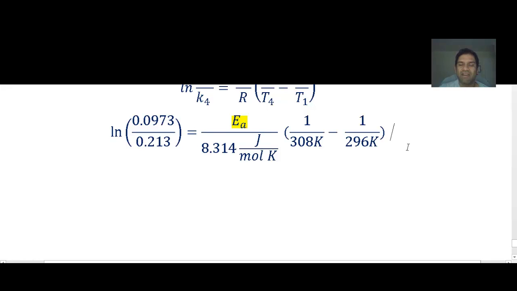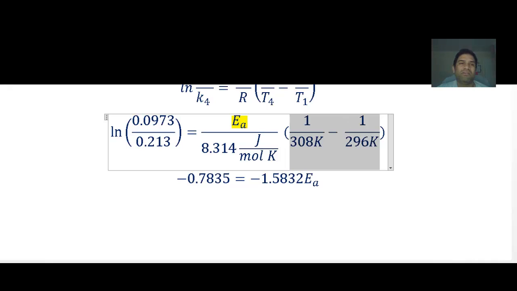So let's see if that holds true. I took 0.0973, the rate constant at one temperature, divided it by 0.213, the rate constant at the higher temperature, took that fraction, and then took the natural log of that value. And I got minus 0.7835. I calculated this whole subtraction. Let me highlight that in green.